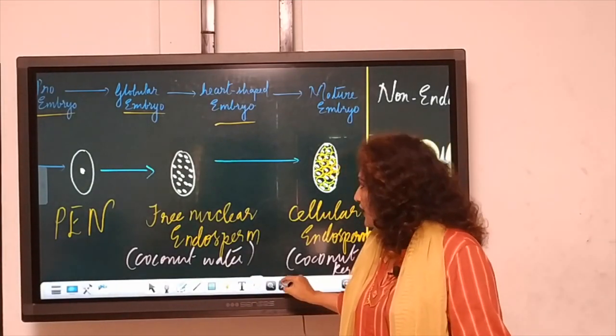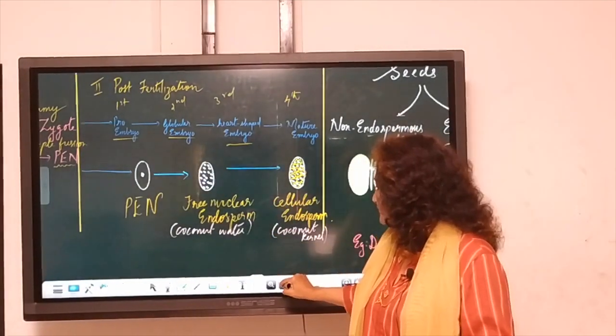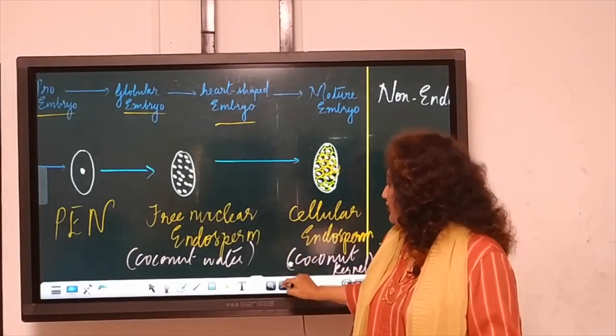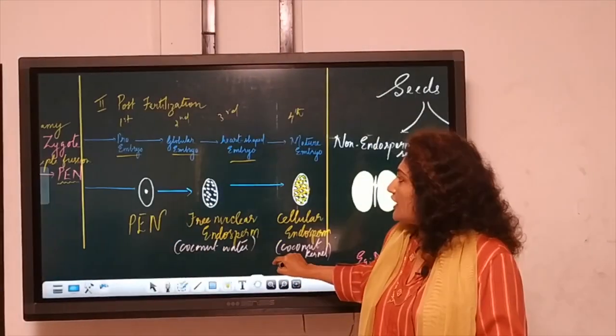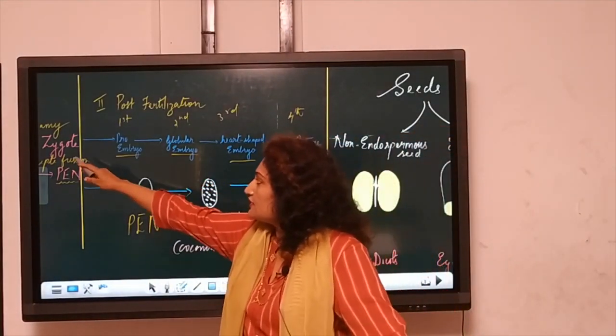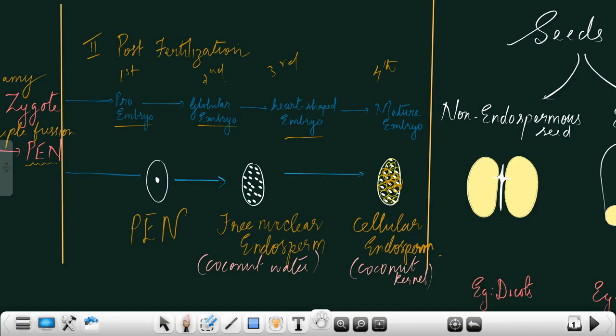Now I have a question. I've drawn the two processes: the zygote, what it is destined to become, and the PEN, what it is destined to become. Two processes drawn simultaneously.